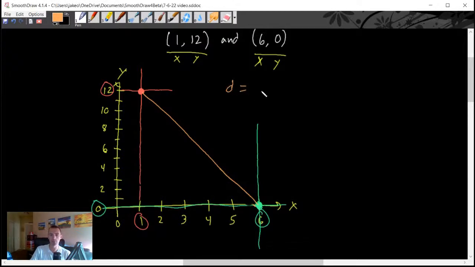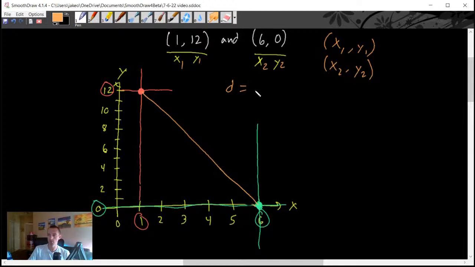If you have 2 points, x1, y1 and x2, y2, that just means one x coordinate, one y coordinate, a second x coordinate, a second y coordinate, which is exactly what we have here. You could just think of this as your first point and your second point.